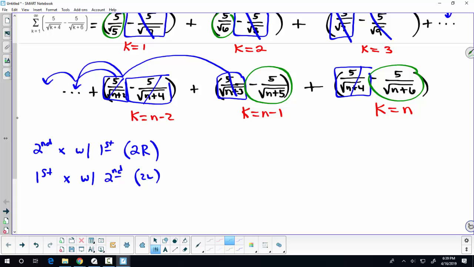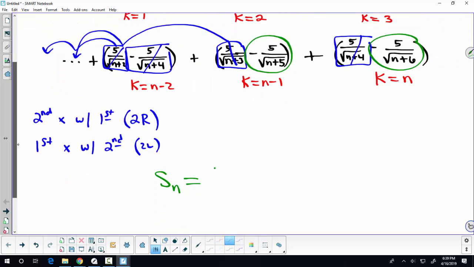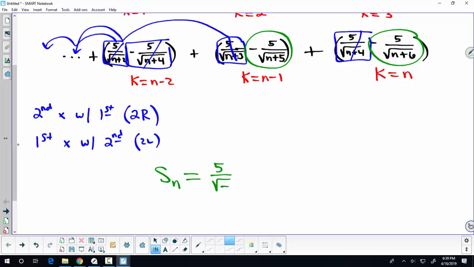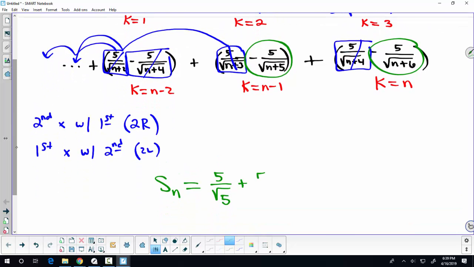So therefore, the formula for the nth partial sum is those terms: 5 over root 6, this one, minus this one. So that is our nth partial sum.